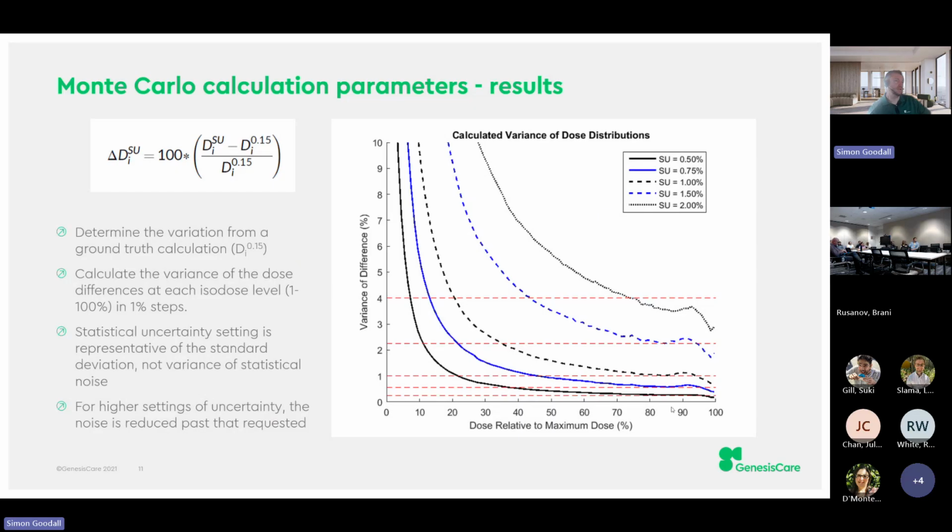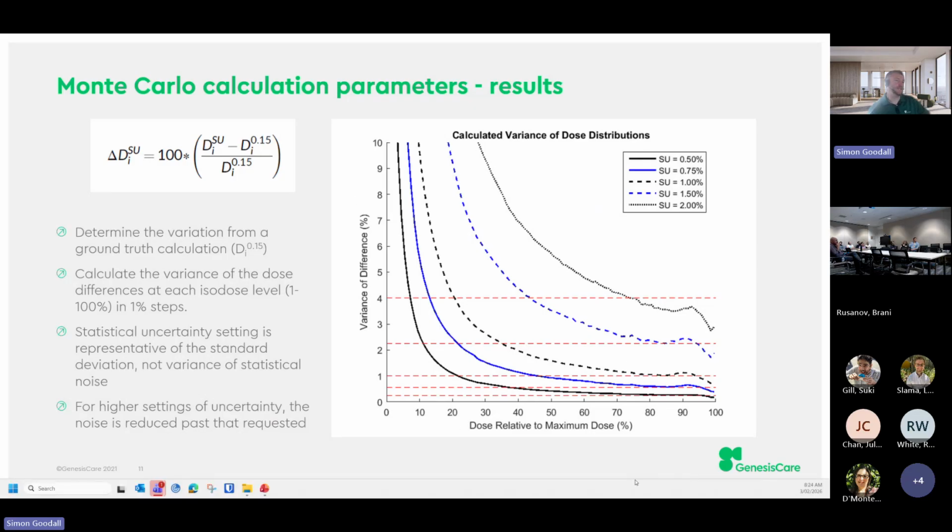And then we can look at the different dose grid settings and the different statistical uncertainty settings to see how much the dose in a given voxel varies from its ground truth calculation. And by doing that across the cohort plans, dose grids and statistical uncertainties, we can determine the variance or the standard deviation of the doses we expect to see at a given location just by varying the dose grid and, in this case, the statistical uncertainty.